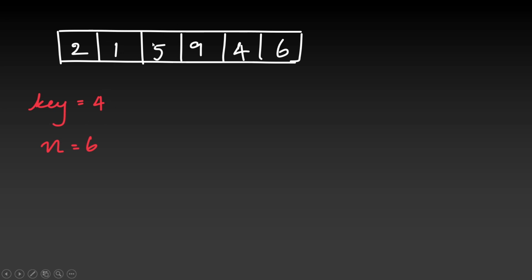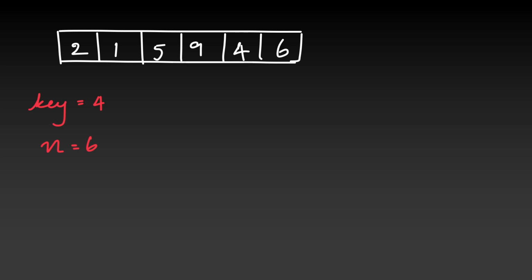Next, a of 2, which is 5, is not equal to the key. Next element, a of 3, 9, not equal to 4. And then we have a of 4, which is 4. Here the key is equal to a of 4. So we print that the element has been found, set the flag to 1 and break out of the loop. This is how a linear search works.